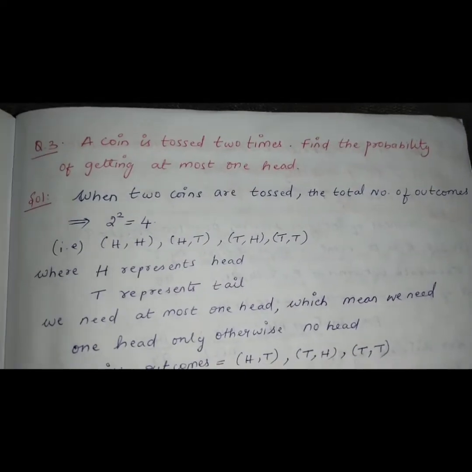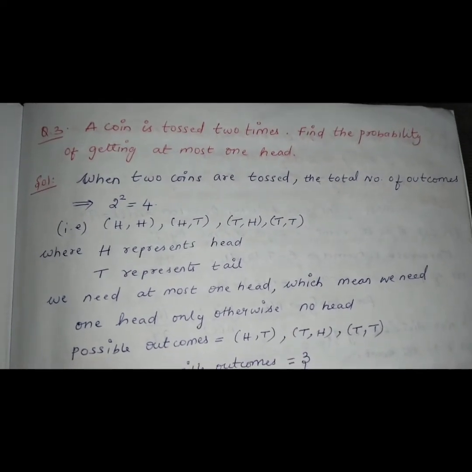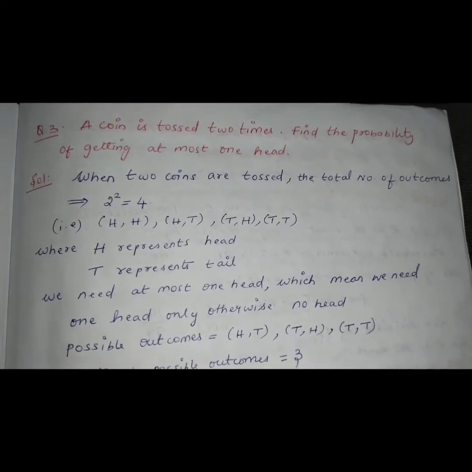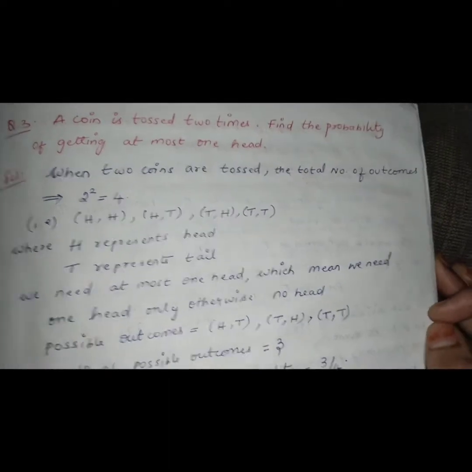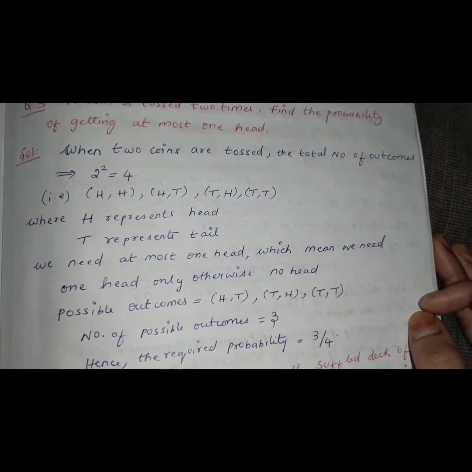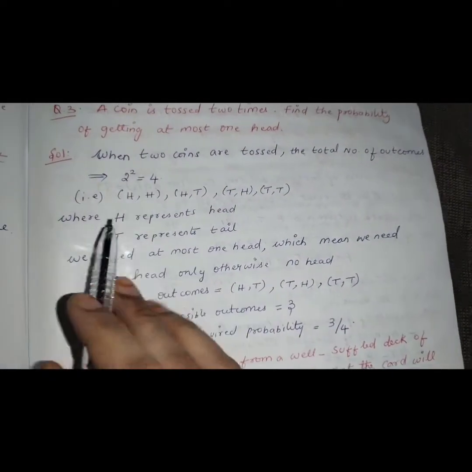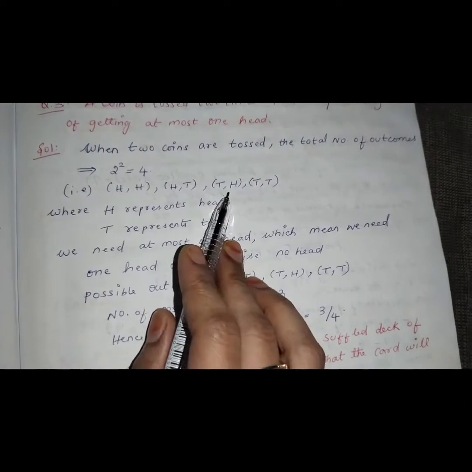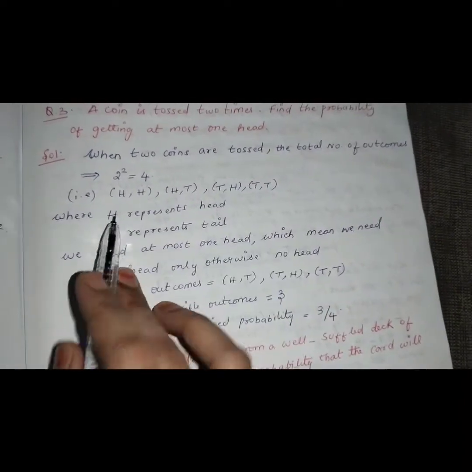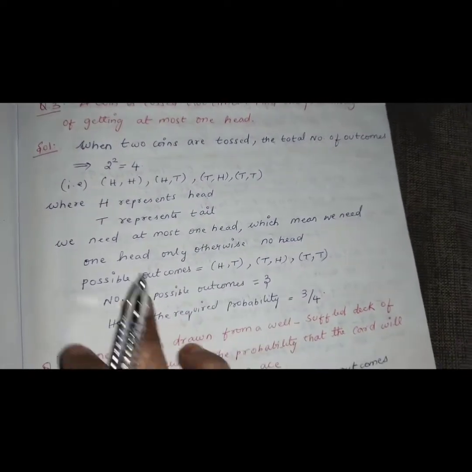Third question: a coin is tossed 2 times. Find the probability of getting at most one head. When 2 coins are tossed, the total number of outcomes is 2 square, 4: head head, head tail, tail head and tail tail, where H represents head and T represents tail.